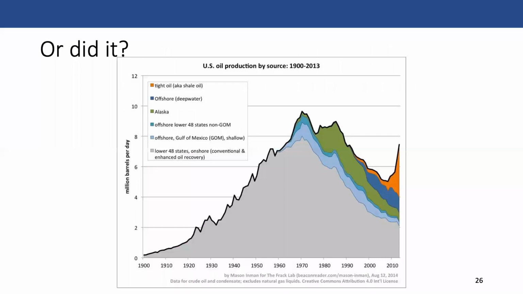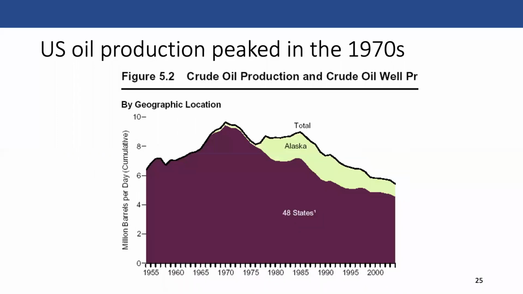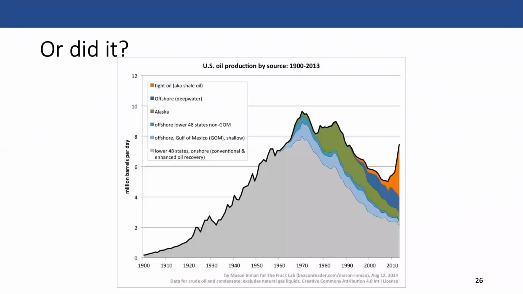But actually, if we include a couple more years, right? So this slide only goes up to maybe the mid 2000s, right around when shale was beginning to get developed. We can see that production has shot up again. So even the concept of peak oil is a little bit fuzzy here.